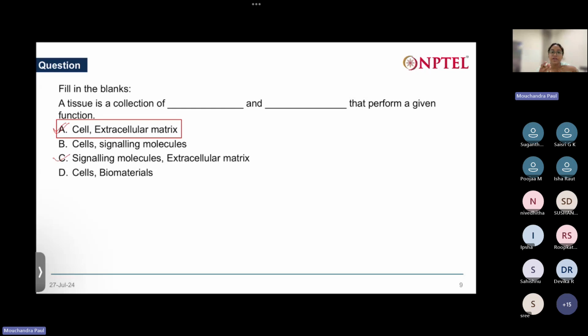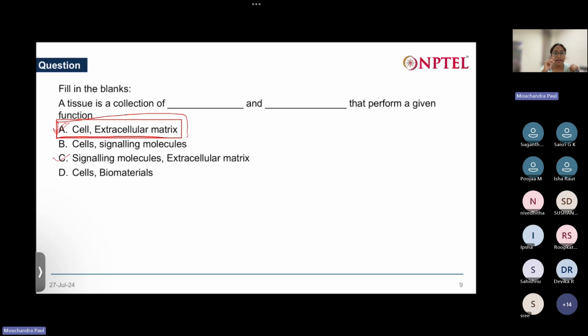That is the work of the extracellular matrix, to provide support for cell growth. Apart from that, ECM or extracellular matrix plays other functions as well. We will come to it later. But these two are the main components of a tissue.